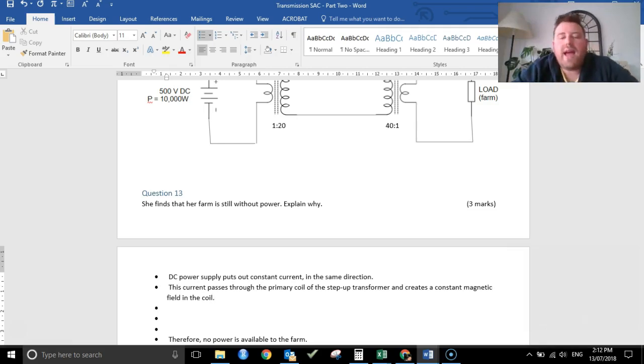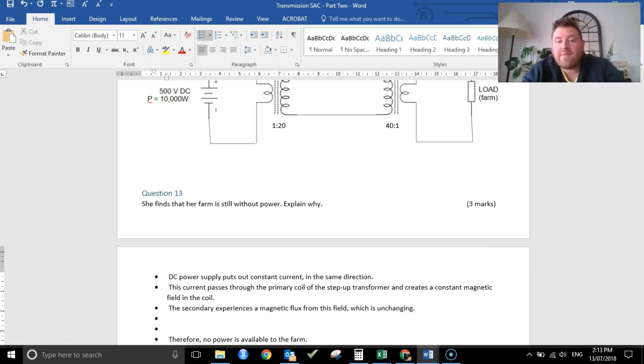And the fact that it's constant is key. The fact that it's constant means the secondary coil experiences a magnetic flux from this field which is unchanging.